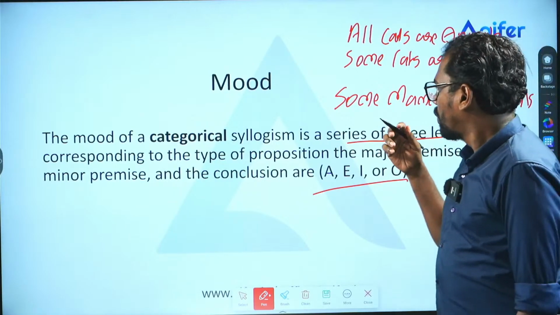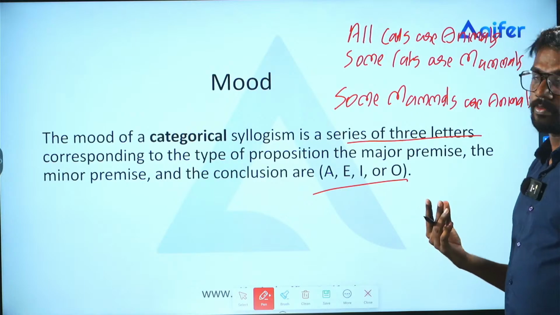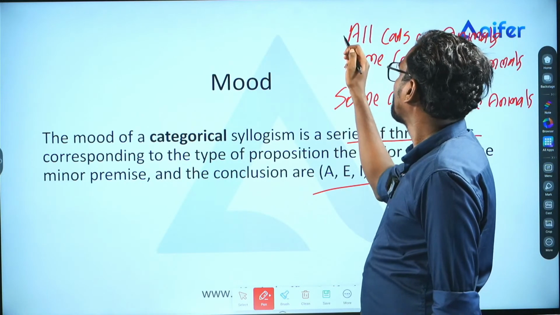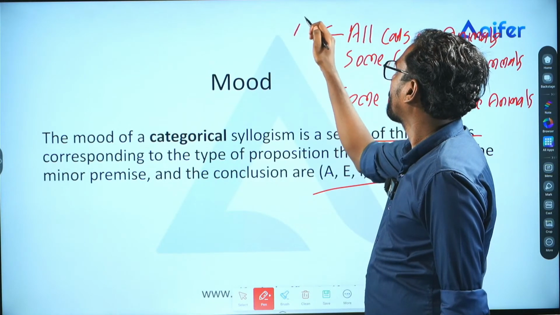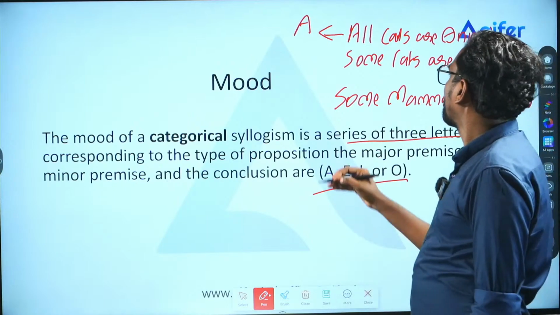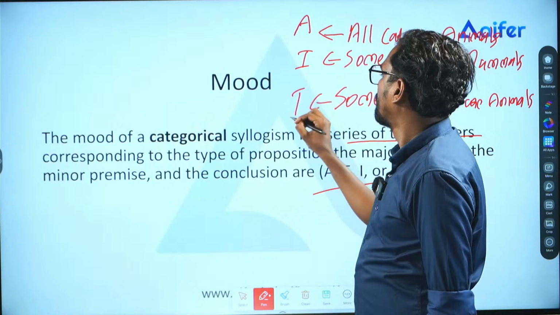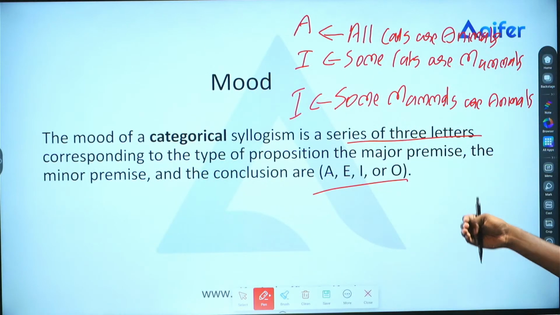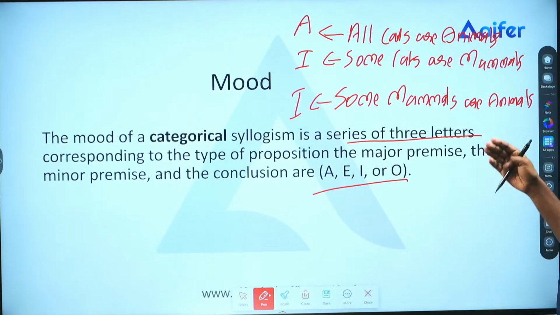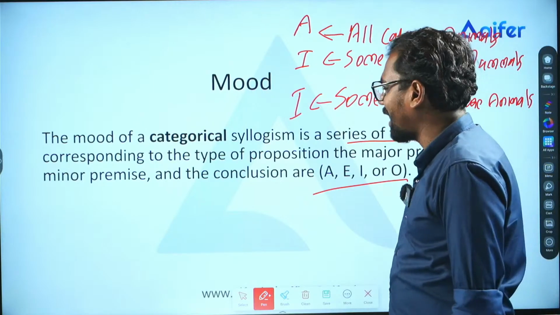When we write the corresponding letter of this categorical syllogism, we have this as A, this as I, and this as I. All cats are animals, we have the corresponding letter A. Some cats are mammals, we have the corresponding letter I, and some mammals are animals, we have the corresponding letter I. So we will be having the mood.